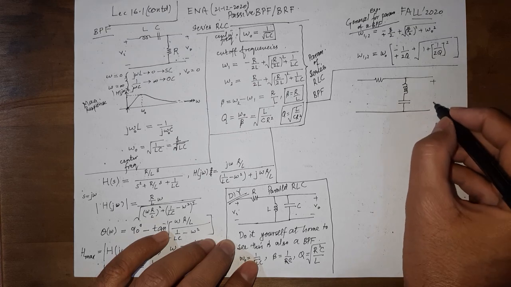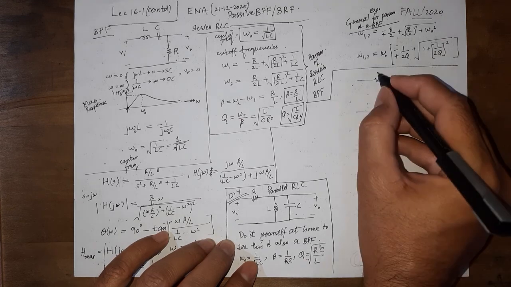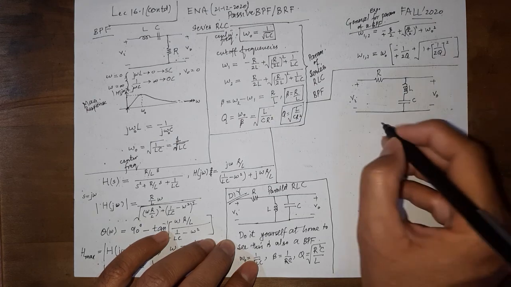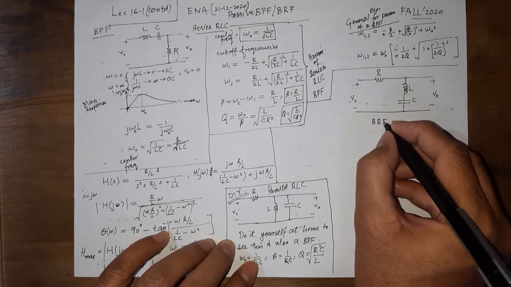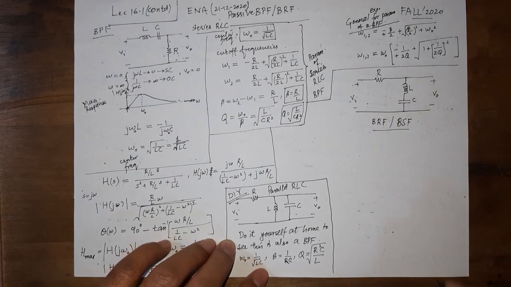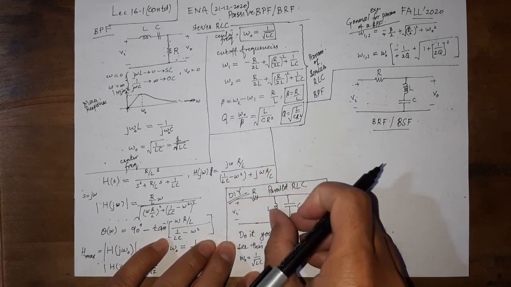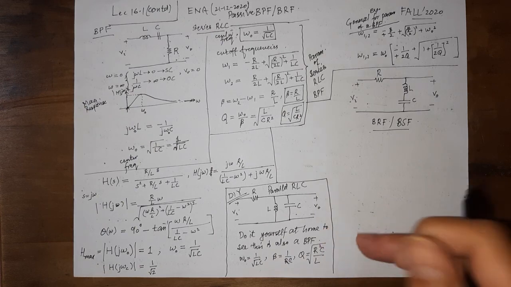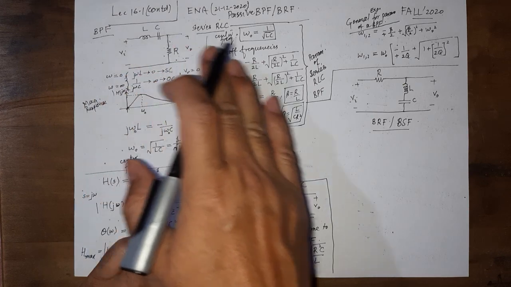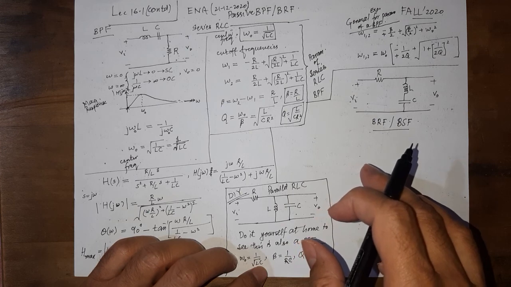If we take the output across their parallel combination, both L and C are included, and the R is now not included in the output, then this becomes a band reject filter or band stop filter. Similarly, if we take the output across the R here in this case, that is going to make a band reject filter. So the same circuit acts as a band reject filter if the output is taken across the other element.